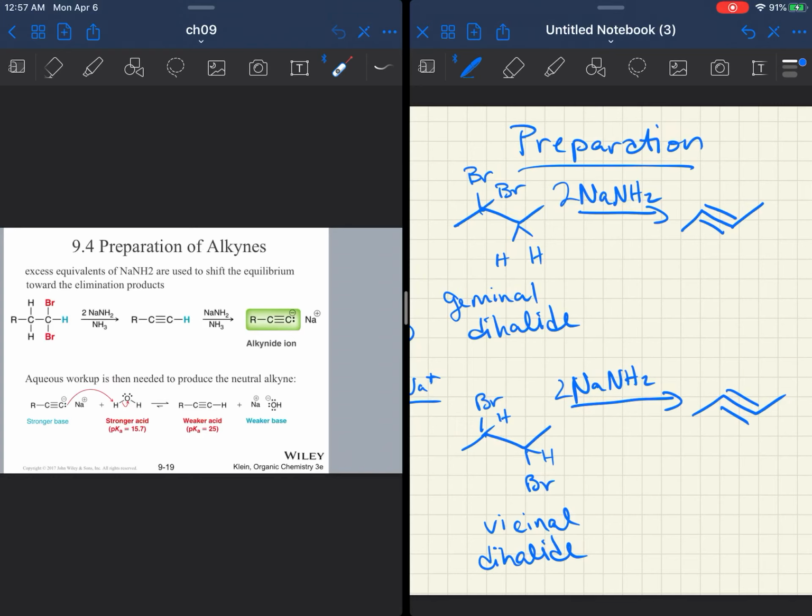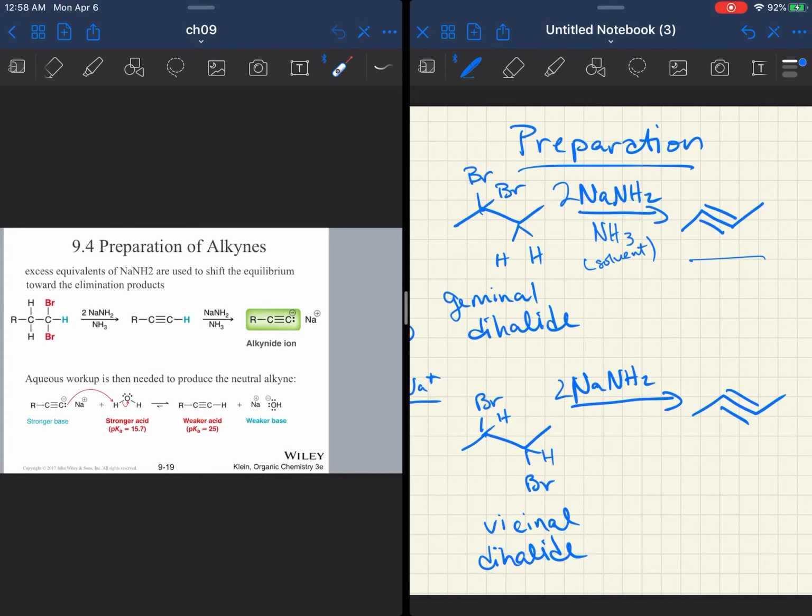If it makes you feel more complete, you might put a 2 out here just so we know 2 stoichiometric equivalents. It's all right by me if you just put NaNH2. Something else you might see, NH3, this is our solvent, right? We're just doing this in ammonia. You don't have to put that there, but I want you to be aware of what it is if you see it.